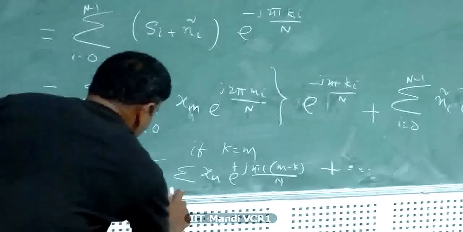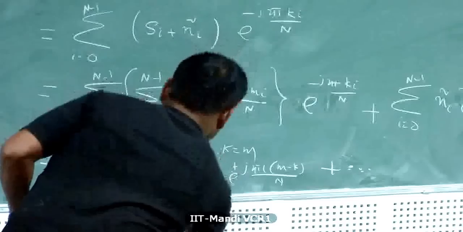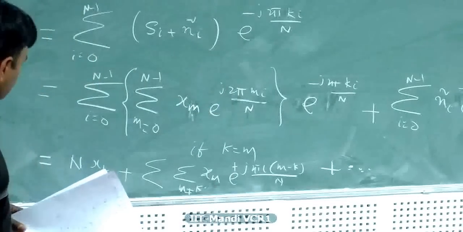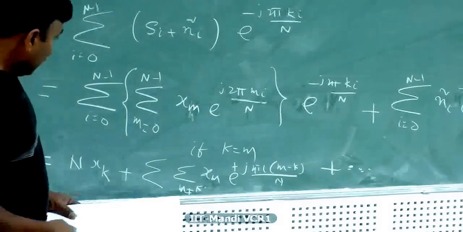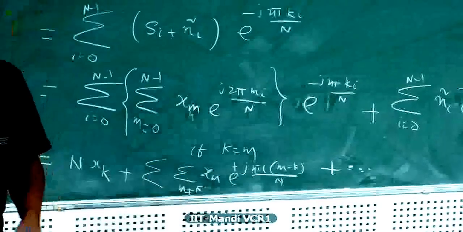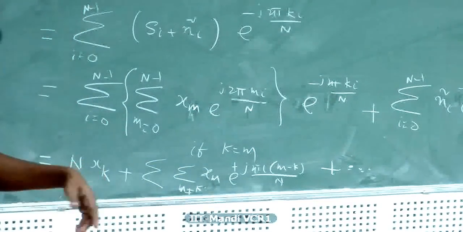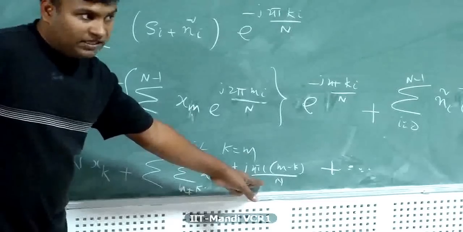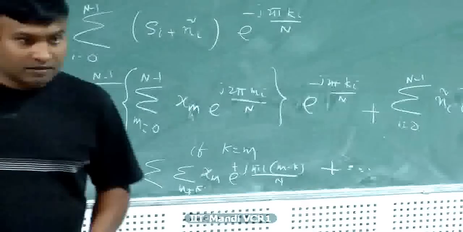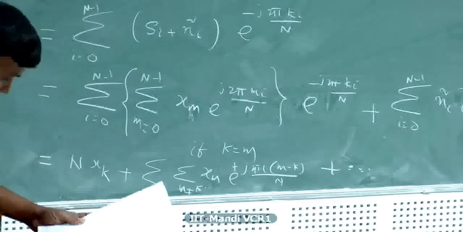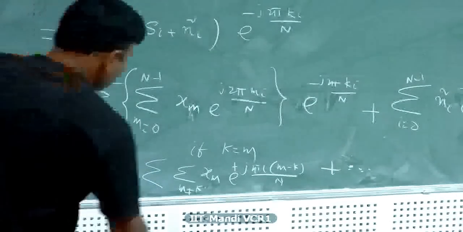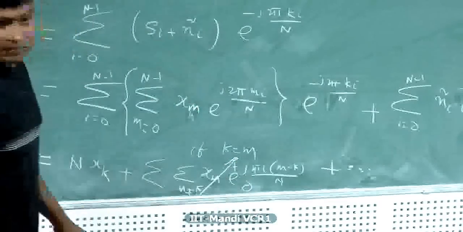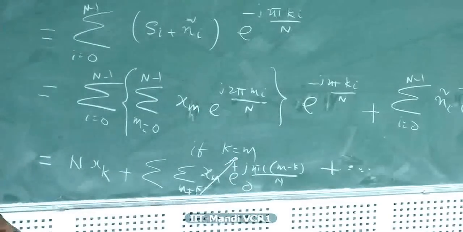Where m is not equal to k, this should go to 0, right? It's a complex sinusoid summed over N points, and that should go to 0.